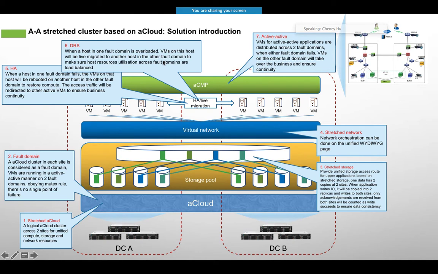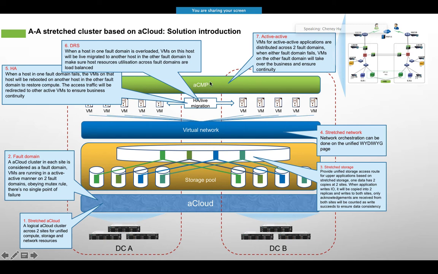And of course, DRS, distributed resource scheduling, can also be enabled to make sure the workloads utilize the two sides evenly, so you don't have an overheated site with too much workload running on it. DRS makes sure they are evenly distributed across fault domains. And for applications which can support this active architecture, they can achieve zero RPO and zero RTO protection.